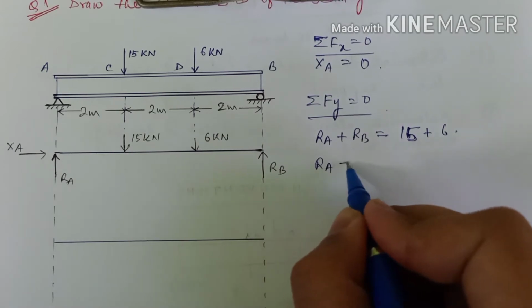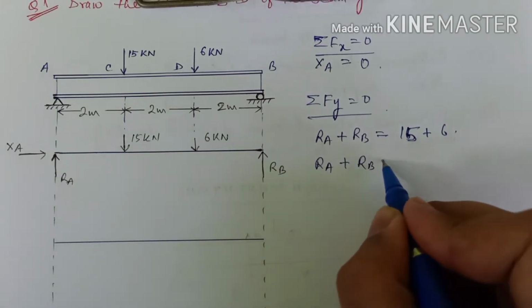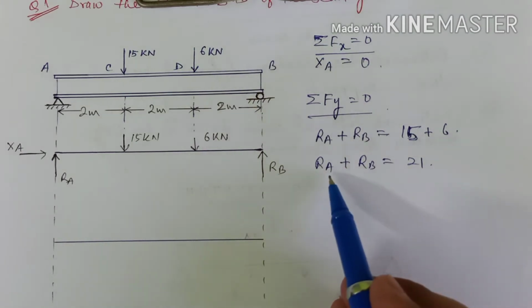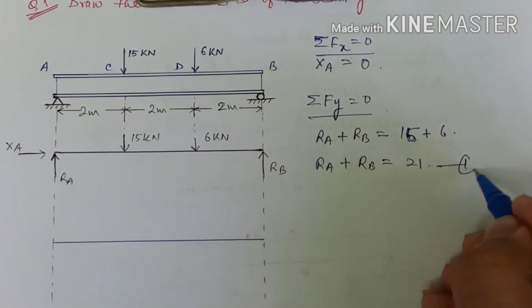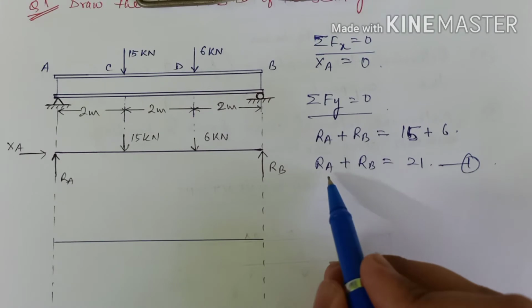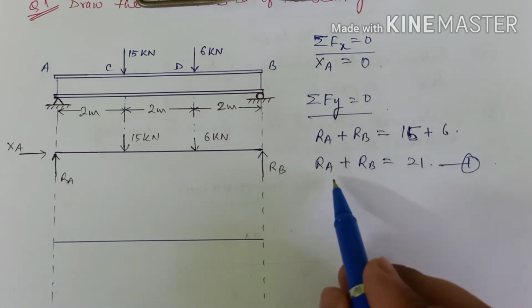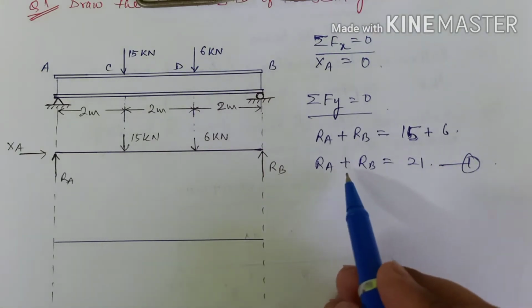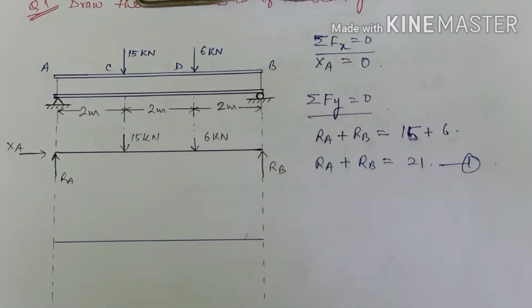So RA plus RB equals 21. This is the first equation. We don't know the value of either, so we need to apply another equation to calculate them.